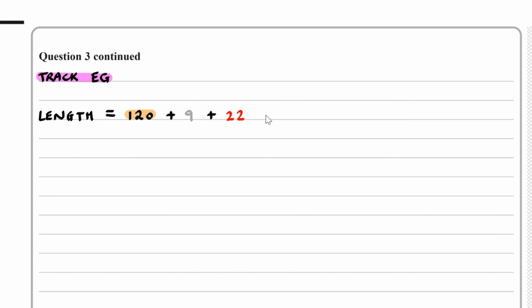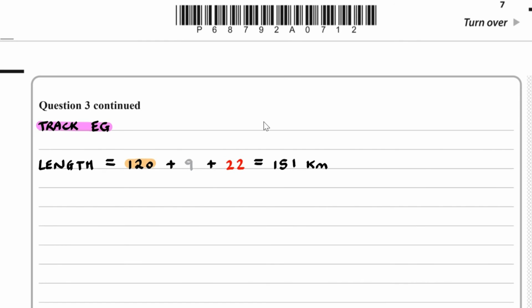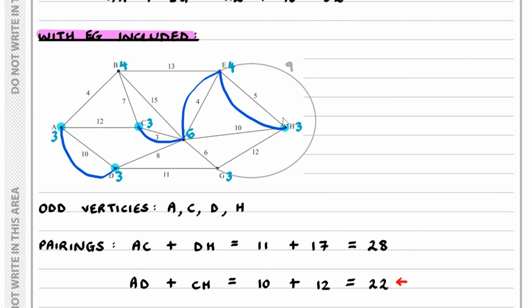So the total length is equal to 151 kilometers. So that's the total length.